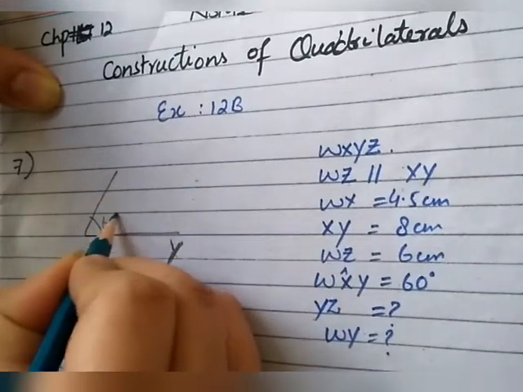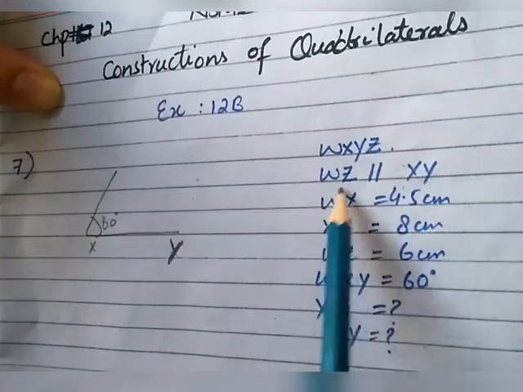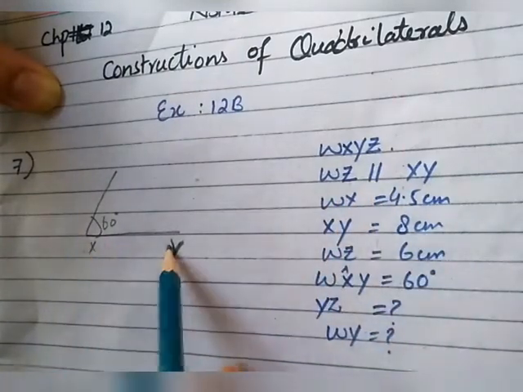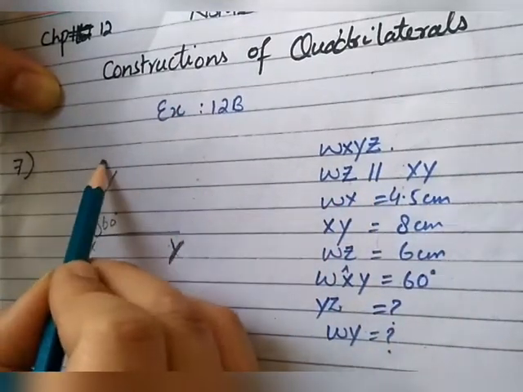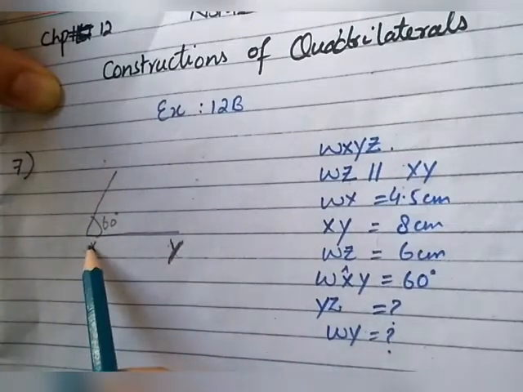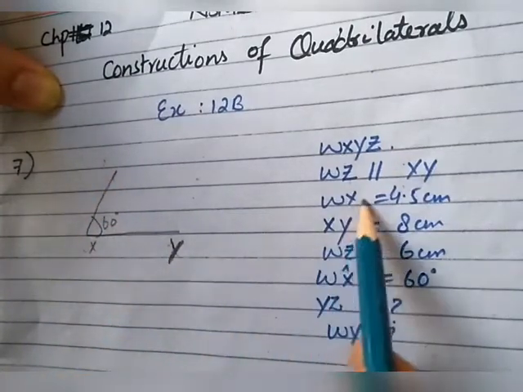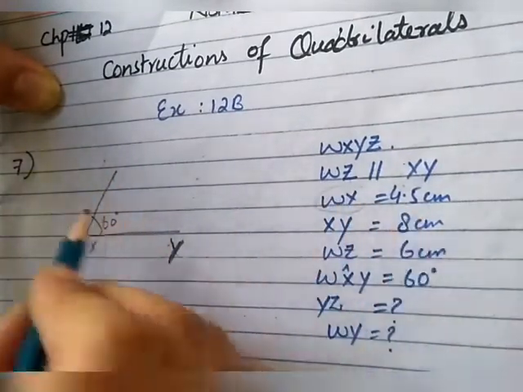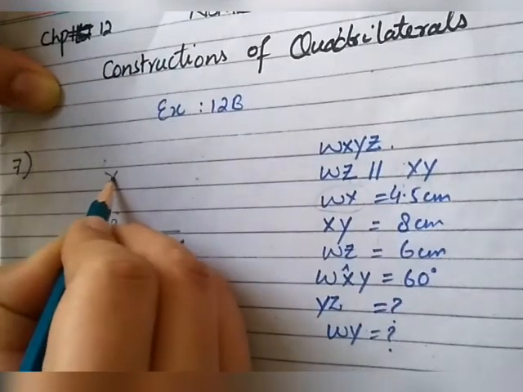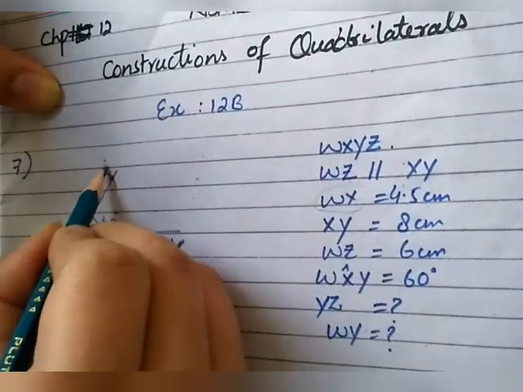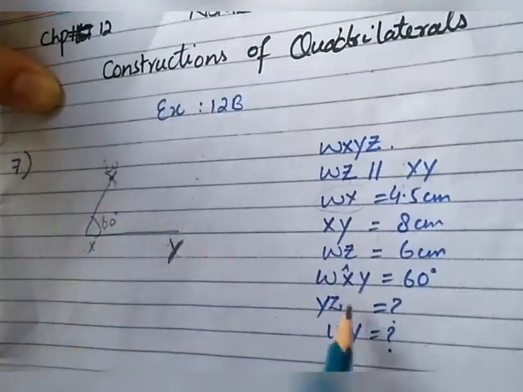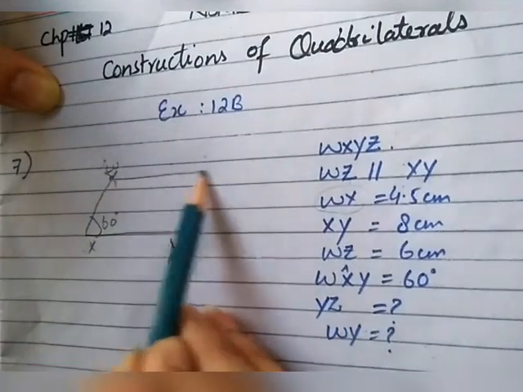Now after showing this angle at X, we have to draw the length XW. So here is the point W. Take the length of XW, which is 4.5 centimeters. Then after marking W, we take the length of WZ.